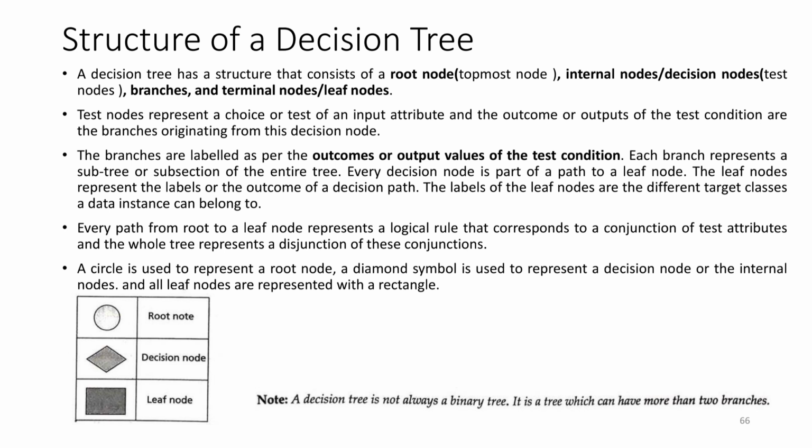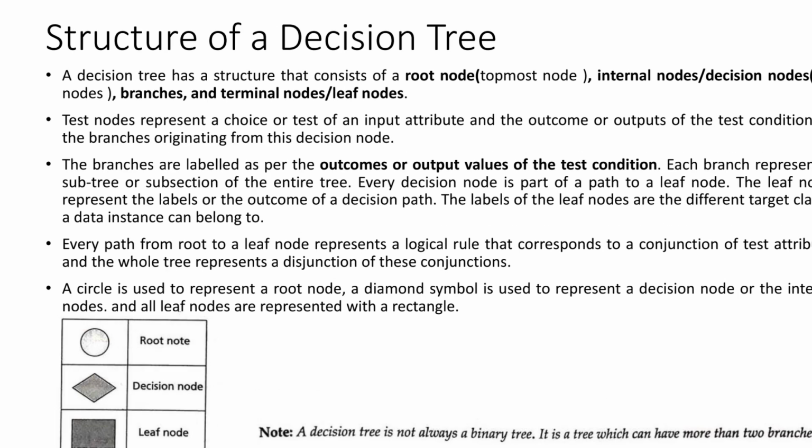The structure of a decision tree. A decision tree structure consists of a root node, which is the topmost node in the tree. Then we have internal nodes. They may be parent nodes. We can say those are all the decision nodes, also called test nodes.